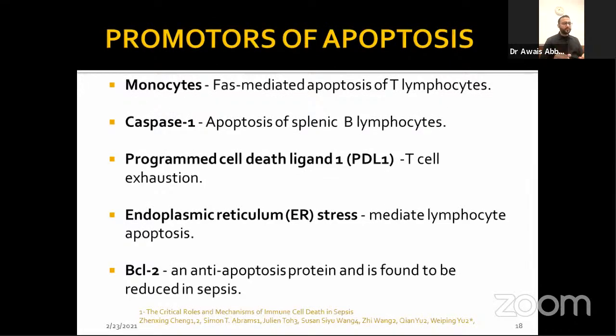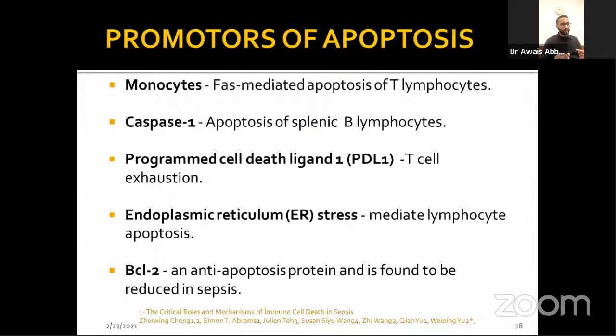From the literature search, there are a few promoters of apoptosis as well. These are promoters that actually promote the apoptosis of the immune cells that leads to the development of multi-organ failure. Among the promoters, we have monocytes that act through Fas-mediated apoptosis of T lymphocytes.